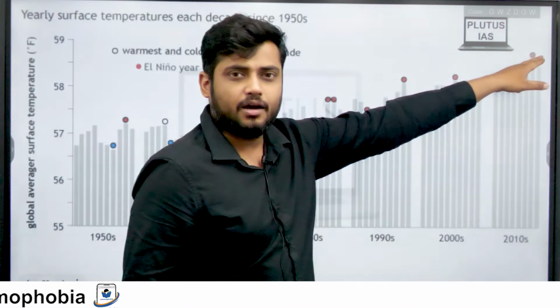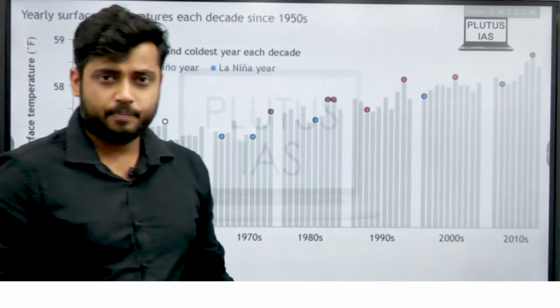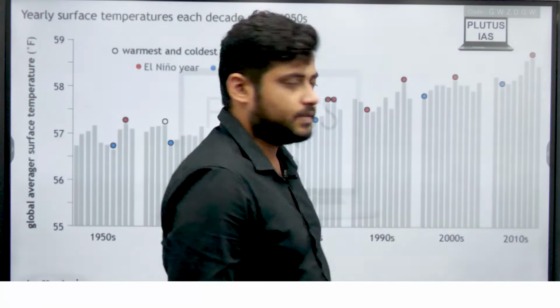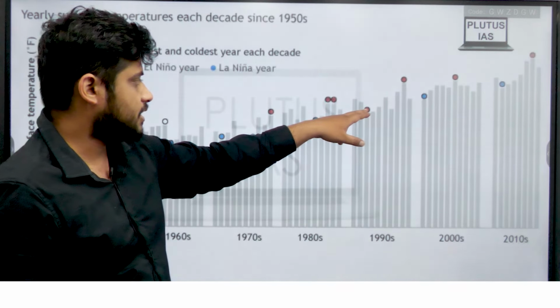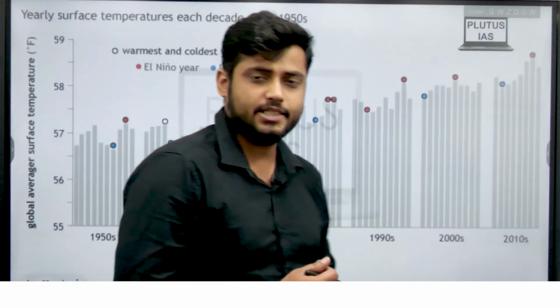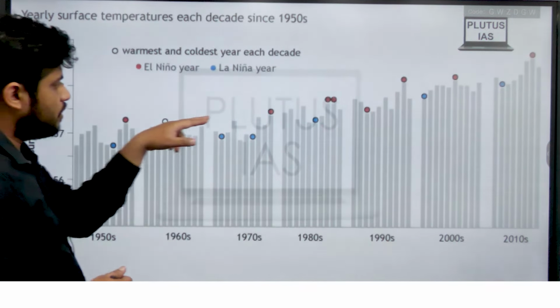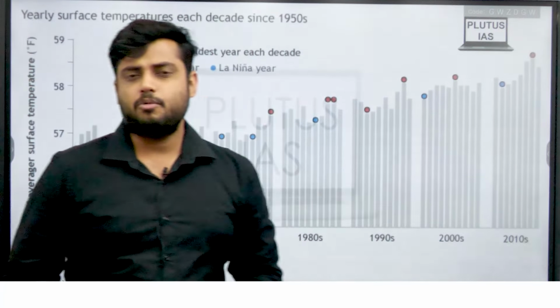Most of the time, an El Nino year is a year where the sea surface temperature is higher as compared to the other nearby years. But this is not always true. Sometimes the sea surface temperature is not that high, but we have seen the changing weather patterns. So most of the time, El Nino occurs in those years where the sea surface temperature is more than normal.